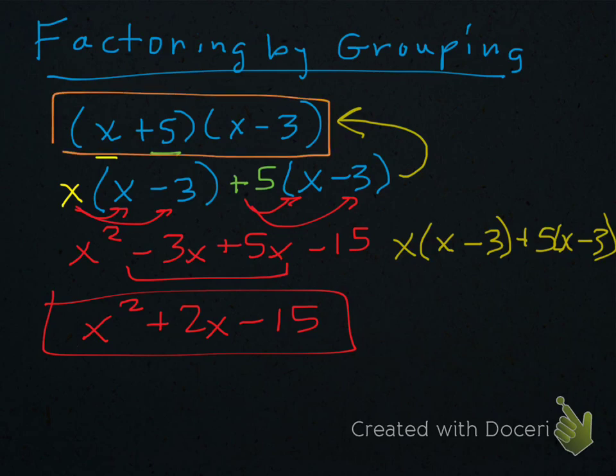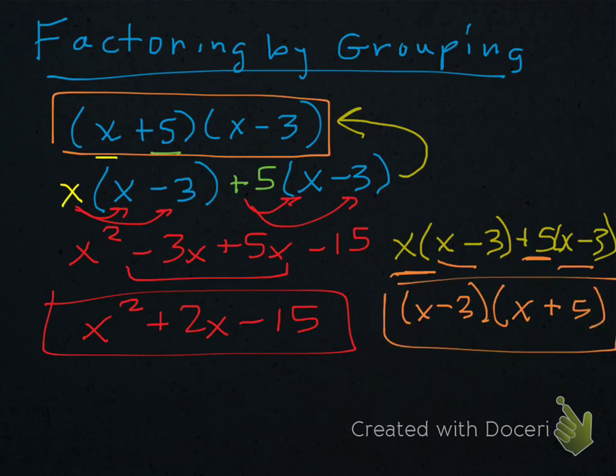So what we see is that x minus 3 is in both of these terms. So if we factor out an x minus 3, then what we're left with is x over here and then plus 5 over here. So this is what we mean when we say factoring by grouping.